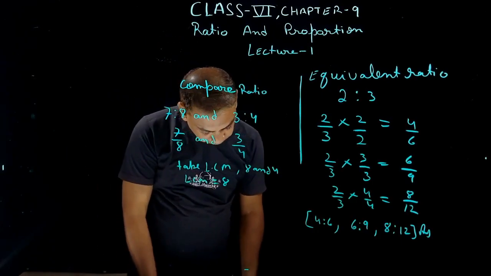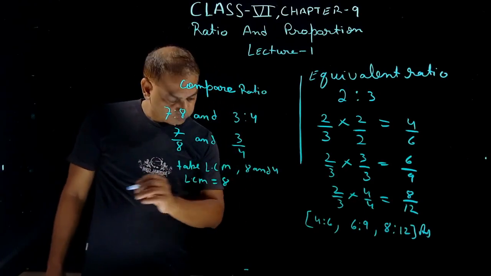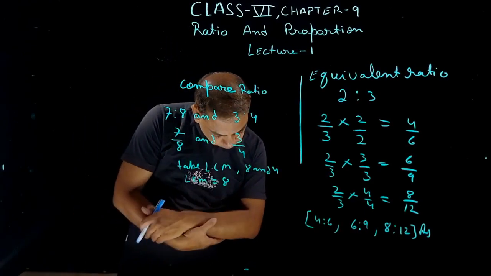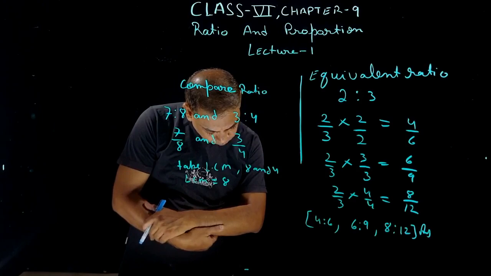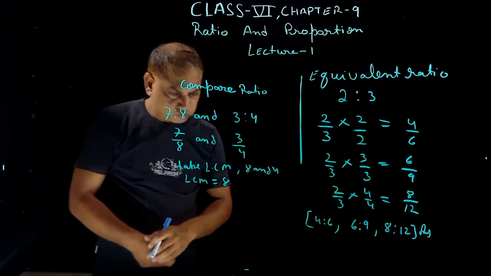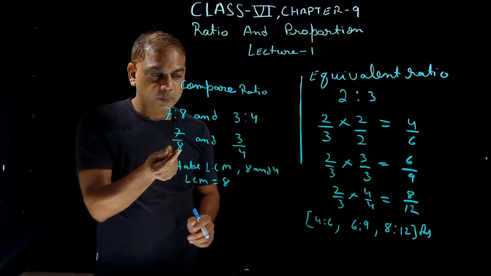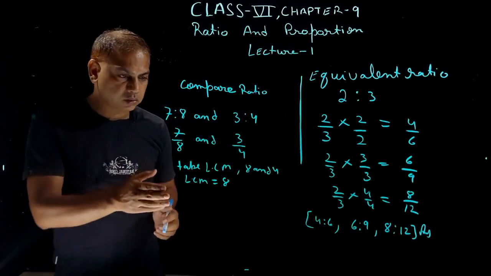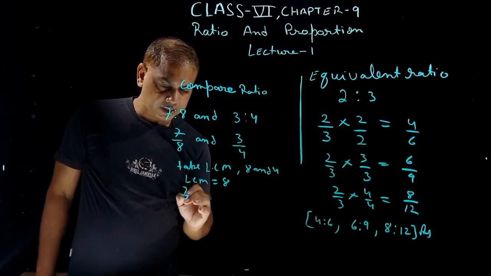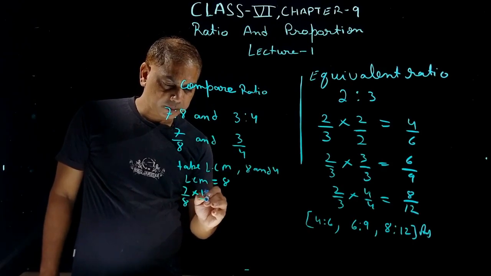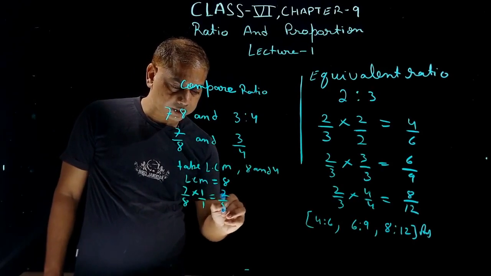Now make their denominators equal. Okay. Now 7/8 multiply by 1/1, that is 7/8.